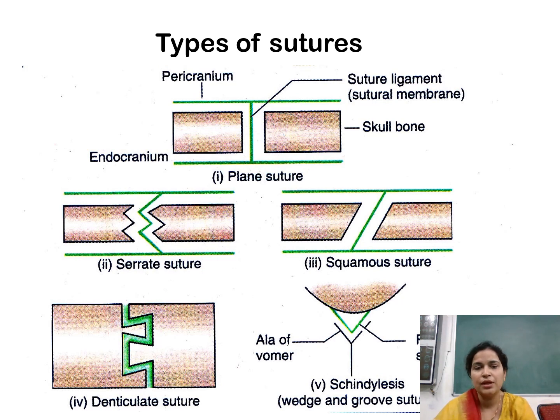Denticulate suture has tooth-like extensions articulating with a reciprocally concave bone, the lambdoid suture. Then schindylesis, the wedge and groove suture.